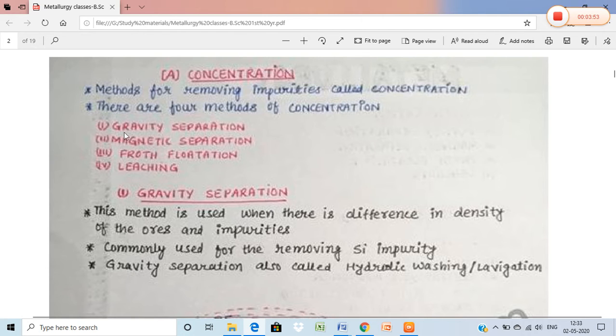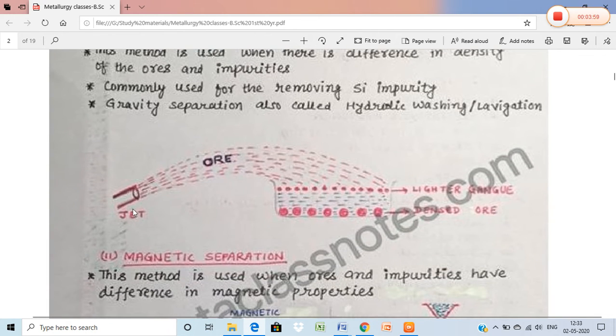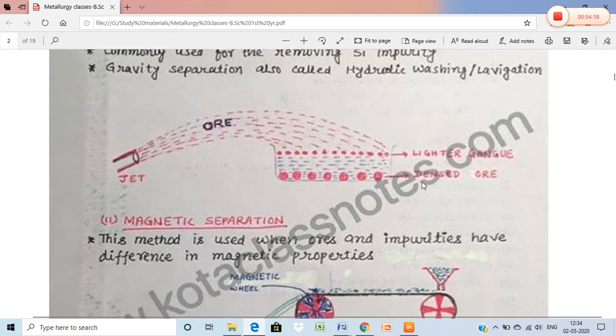If the impurities are magnetic, then we use magnetic separation. In gravity separation, the dense ore settles and the lighter gangue particles are removed from above, so we get only the ore particles, free from impurities.